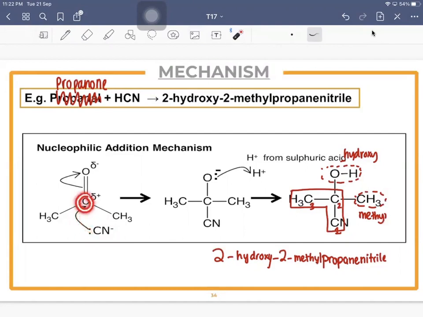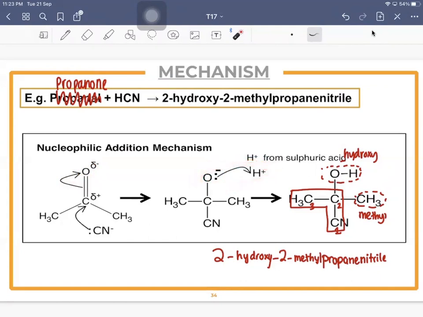This carbon cannot have 5 bonds, therefore one of the double bonds has to break and the electrons go to the more electronegative element, which is oxygen. Since oxygen has gained the pair of electrons, it will obtain a negative charge, and in order to neutralize this negative charge, it has to give it away to a hydrogen plus, which we call a proton.